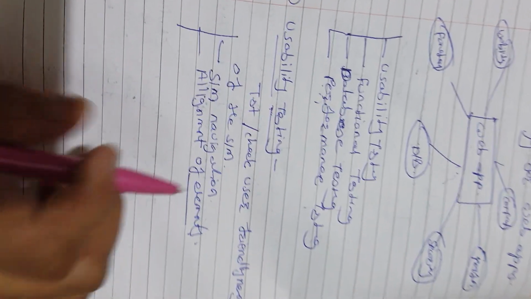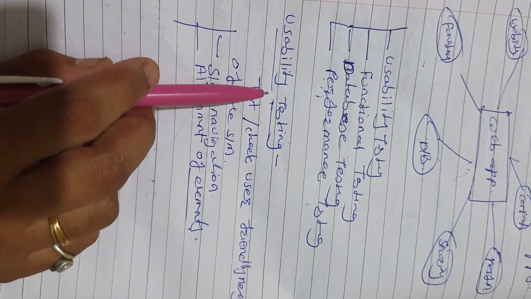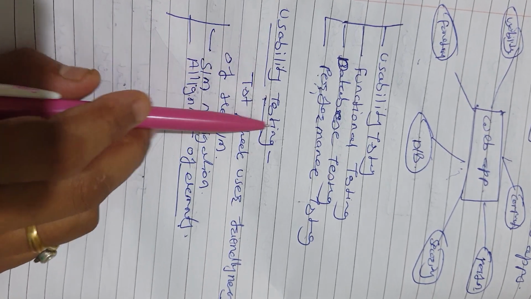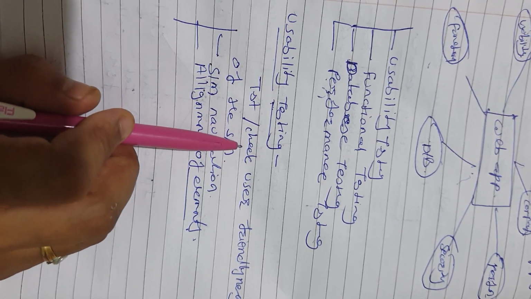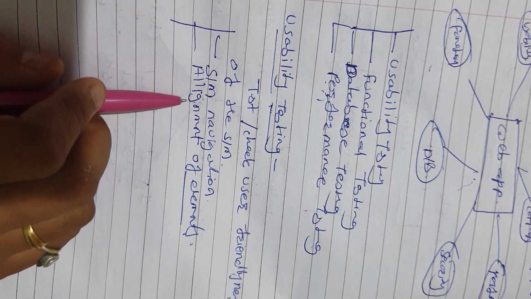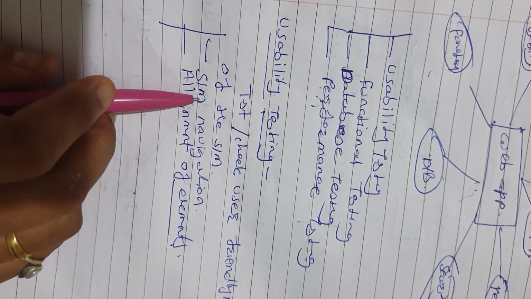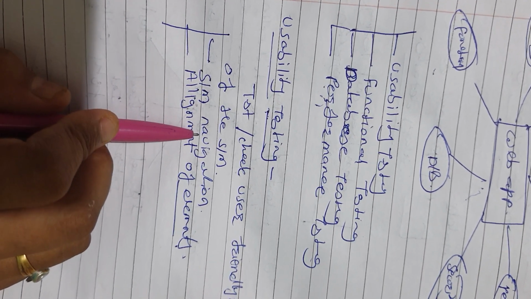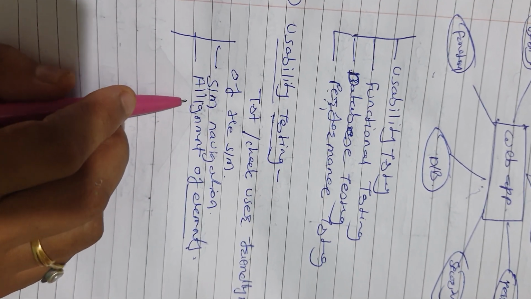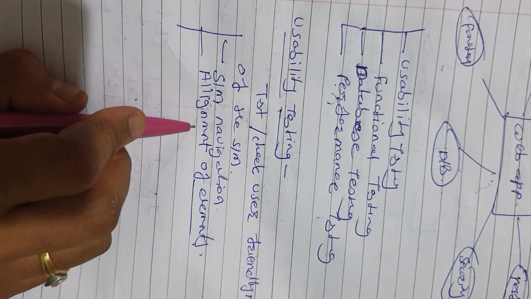So usability testing means you can check the user friendliness of the software. In general criteria you have to test system navigation, meaning location. Then check alignment of elements.